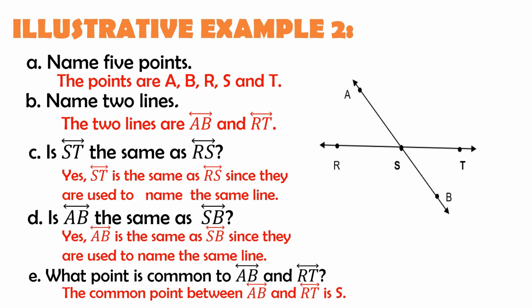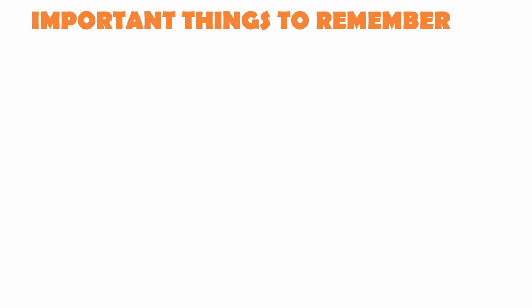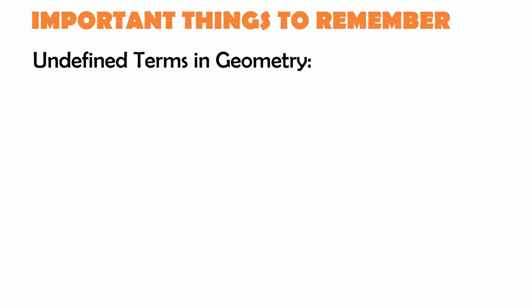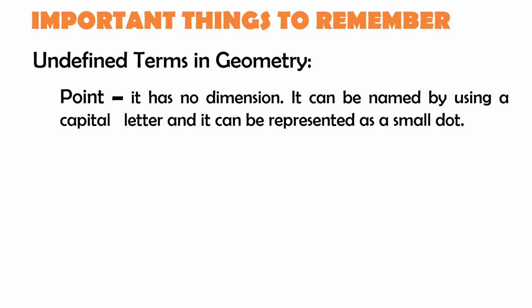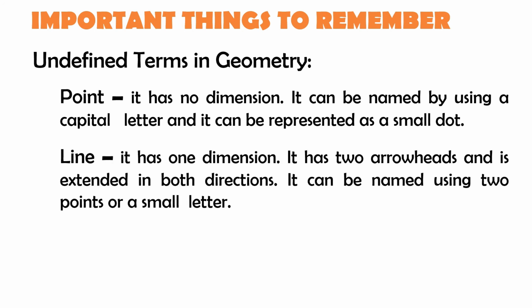Very good. Now, always remember the undefined terms in geometry. So we have point, it has no dimension, it can be named by using a capital letter, and it can be represented as a small dot. Next, we have a line.